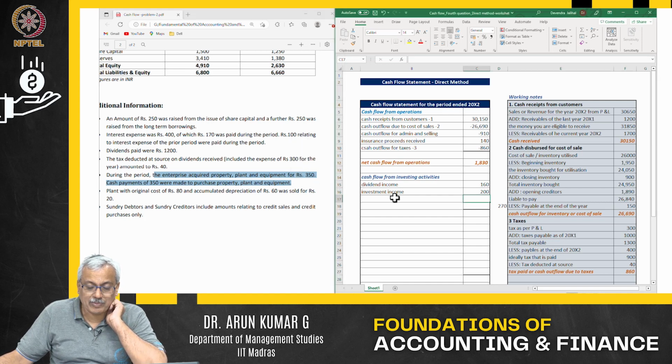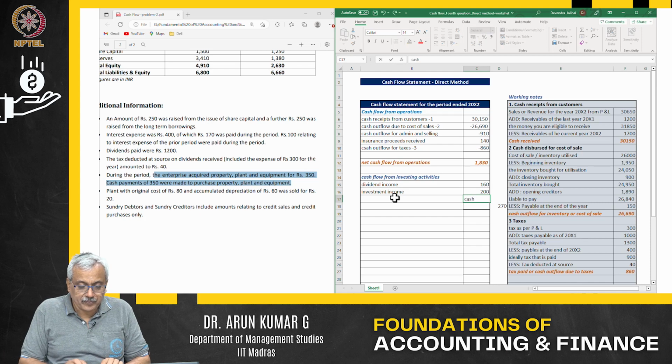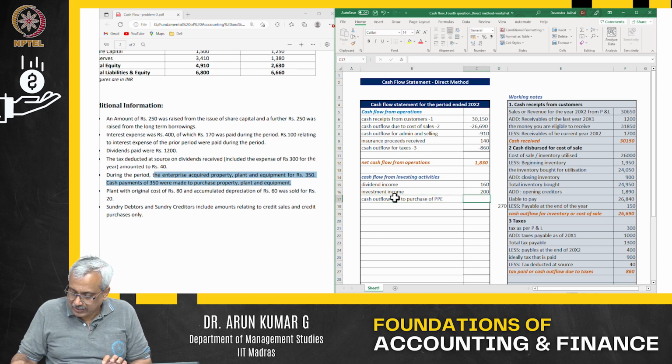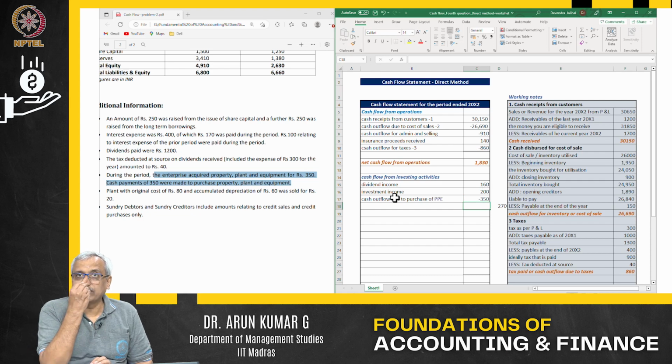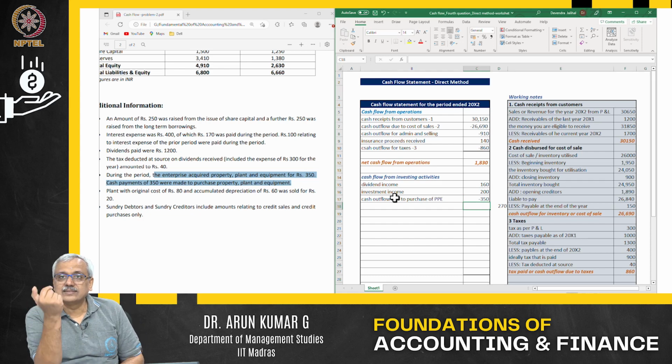That means a cash outflow due to purchase of PPE, about $350, has gone out.